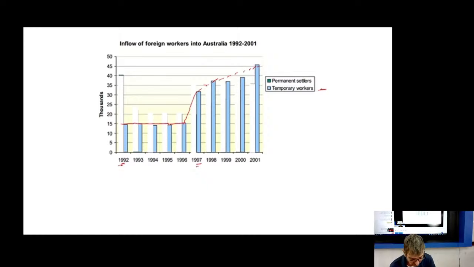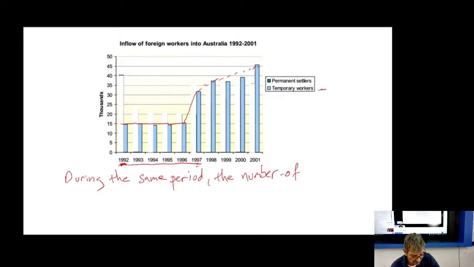So, as we've already talked about this period for the green, we'll say the same for the blue. So during the same period, continuing on from what we wrote before, during the same period, the number of, and then what are we talking about?